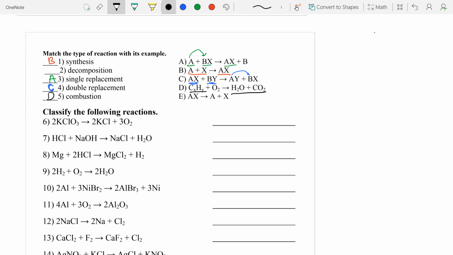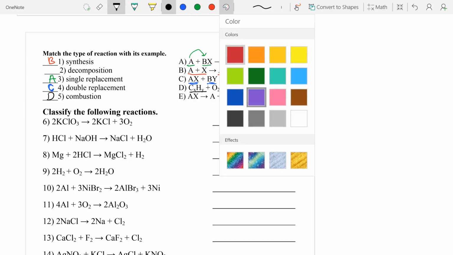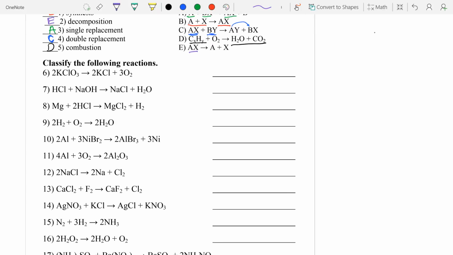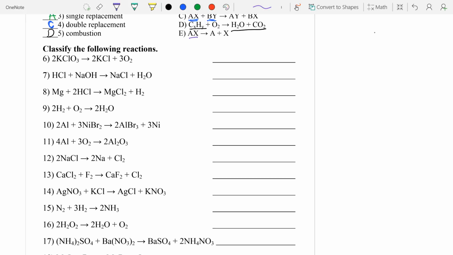Then if we continue on to letter E, we have AX that's breaking up. And when you're breaking up, you're decomposing. So number 2 is E. We can practice that with not generic letters, but with actual compounds. Here we have one reactant that's breaking up into two things.